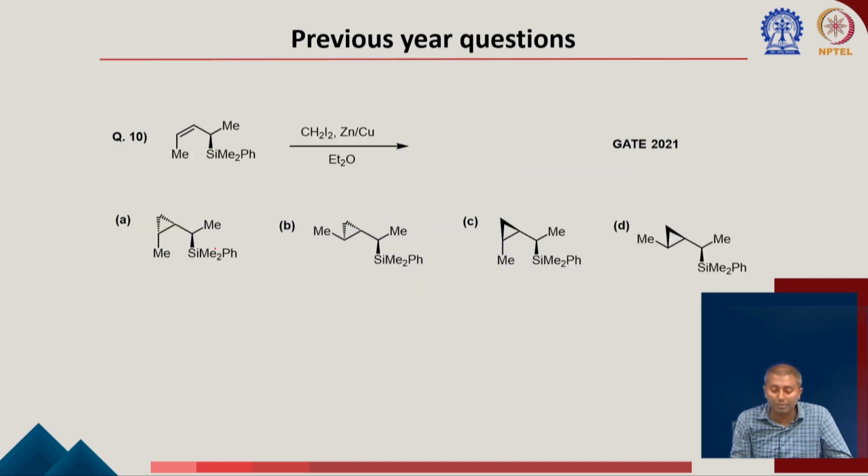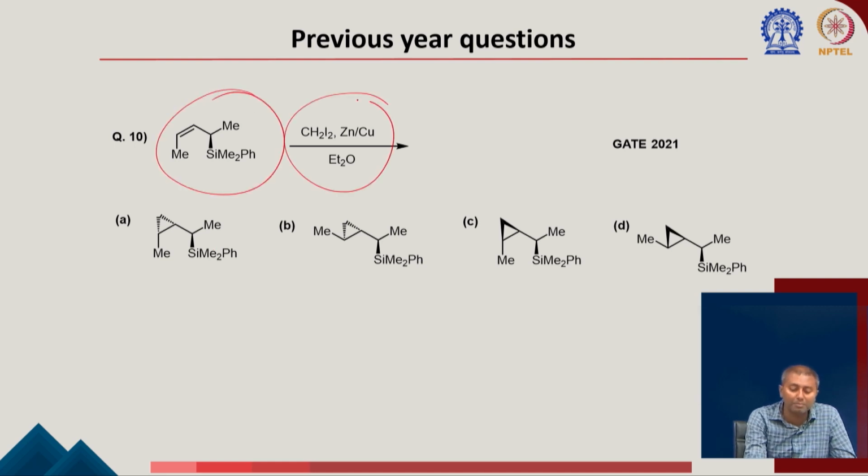Again in this question, what will be the product here? Again you are using a Simmons-Smith reagent, but this is an allylic compound. So if you try to draw this type of allylic compound, you have to understand that suppose you have this double bond here.